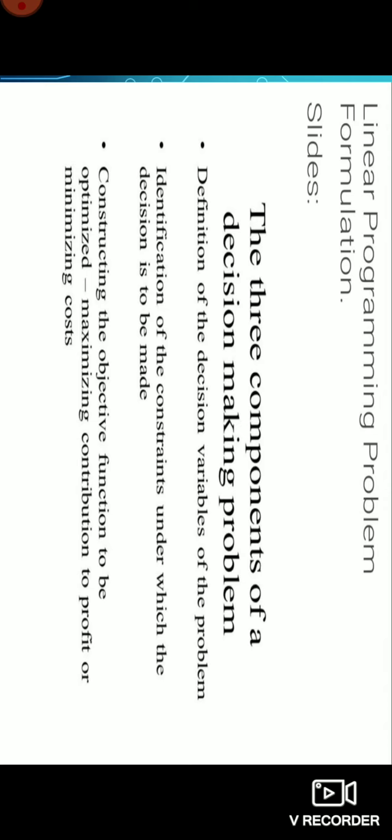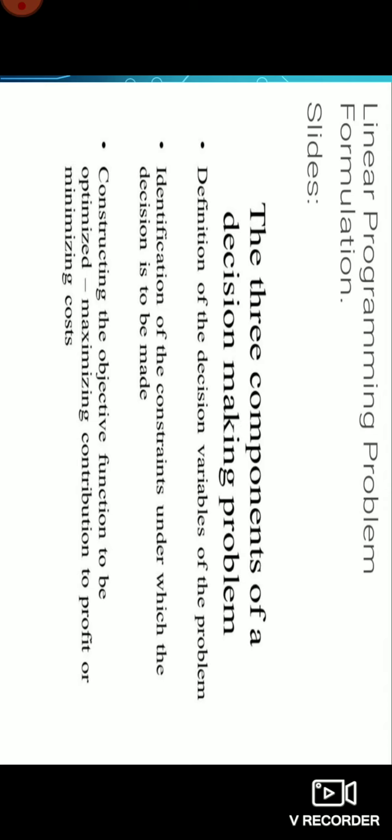So decision variable, all the decision variables are considered as continuous, controllable and non-negative. Second, objective. The main objective of the problem could be profit maximization, cost, that means time minimization, and so on.